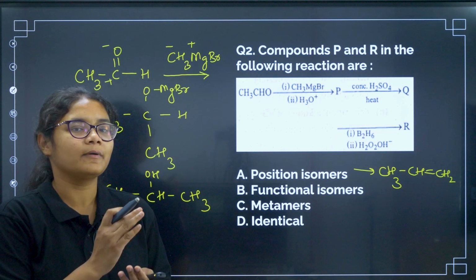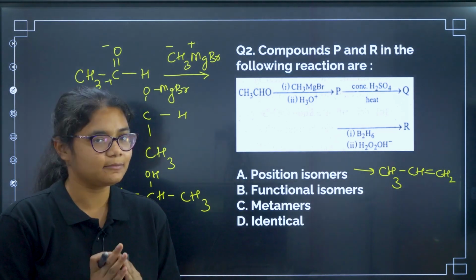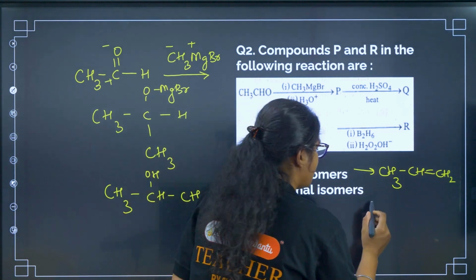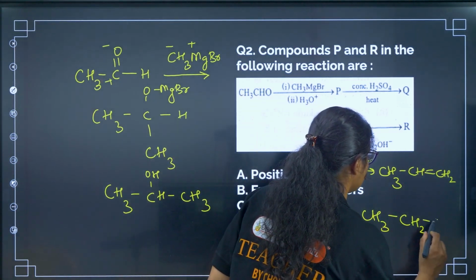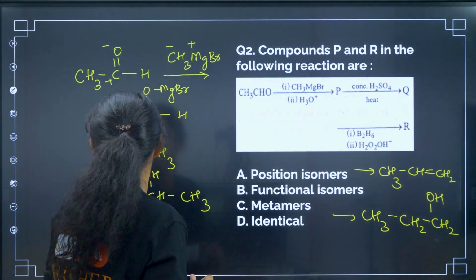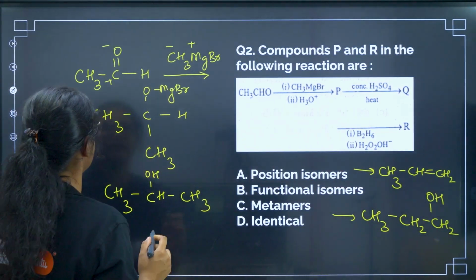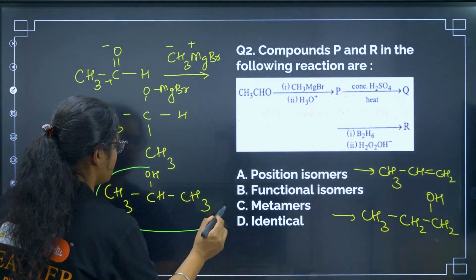So this is hydroboration oxidation where OH is added according to anti-Markovnikov's rule. So what will happen here? We will get CH3CH2CH2OH.